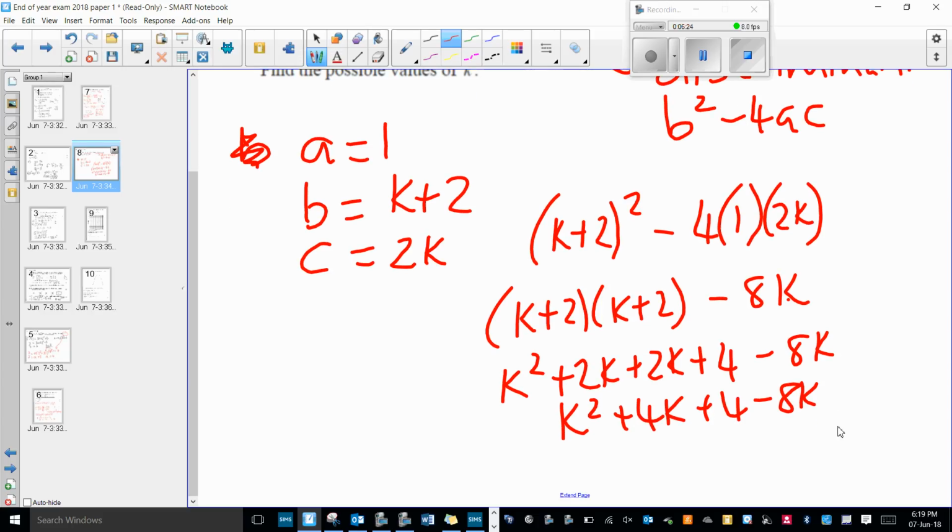So I've got k squared minus 4k plus 4. So that's the expression for my discriminant.